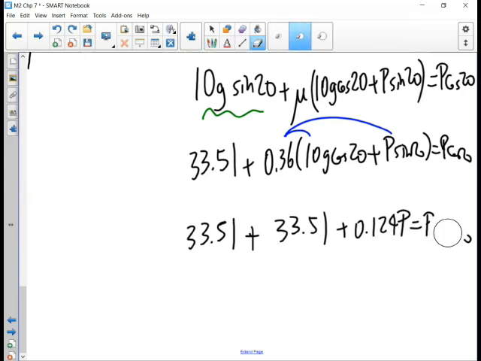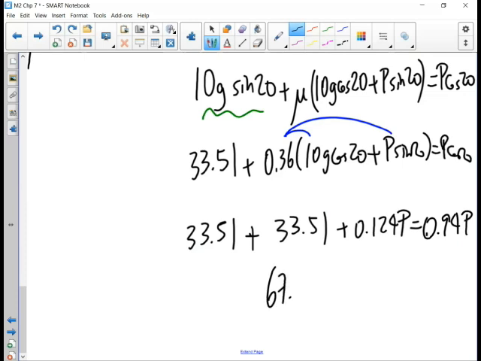Actually cos 20 is 0.94, so I can do that. So I'm going to do 0.94P. And then you should be collecting like terms on the left hand side, 33.51 plus 33.51, that's 67.04.